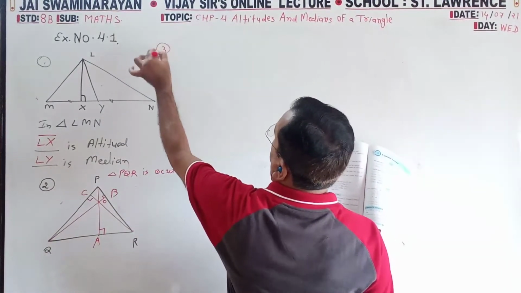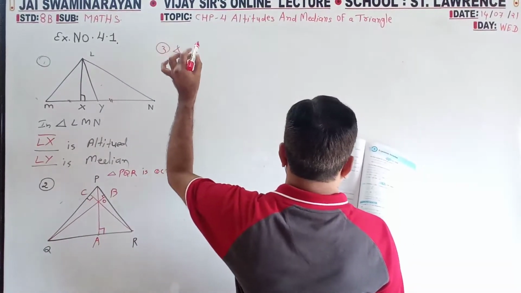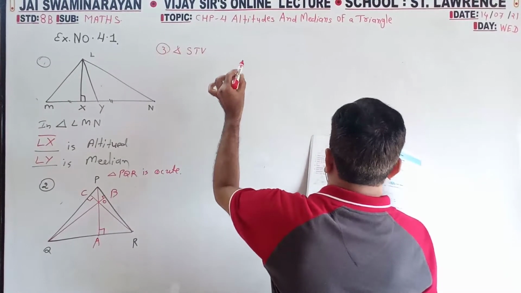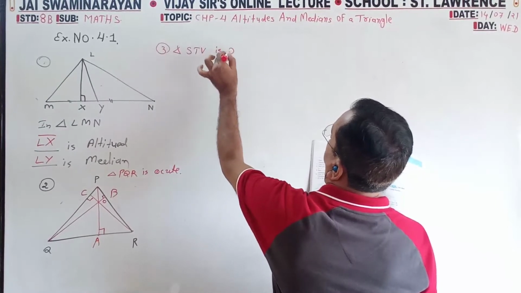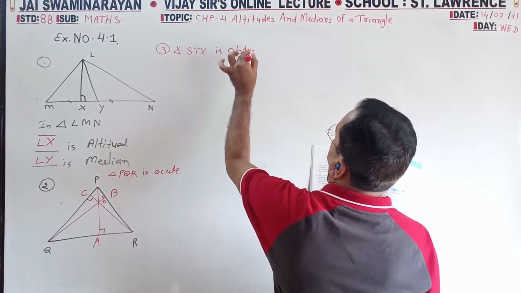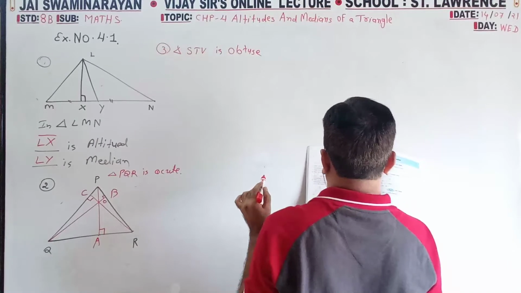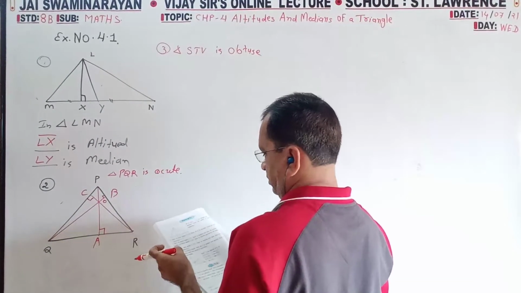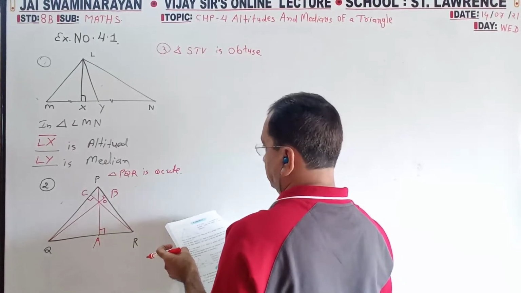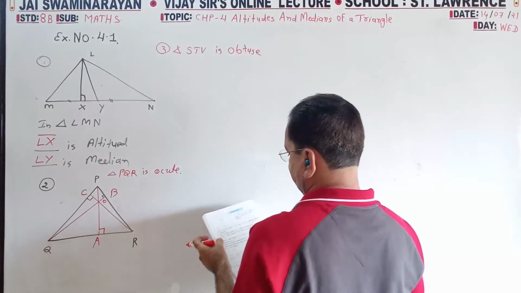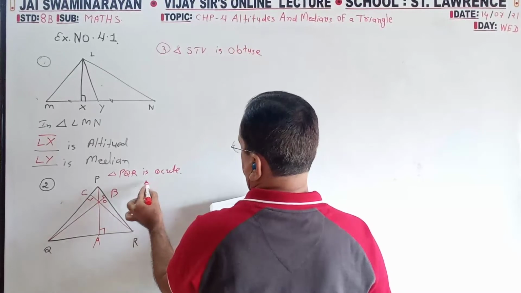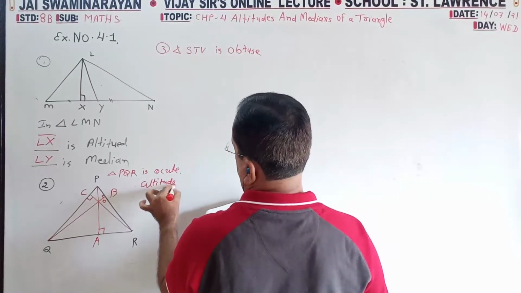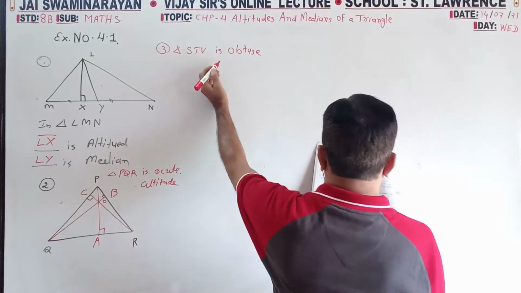Now third, triangle STV is obtuse. Okay, wait. Here we have to draw altitude. Here we have to draw median.